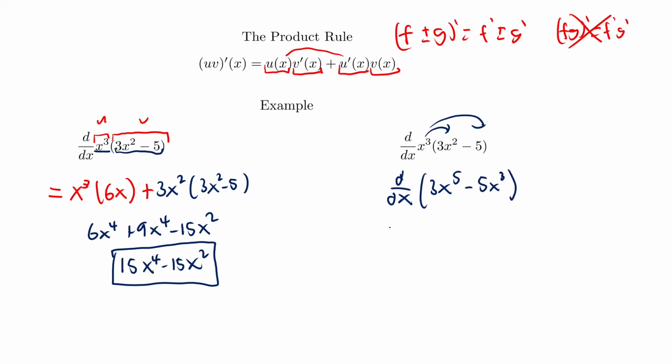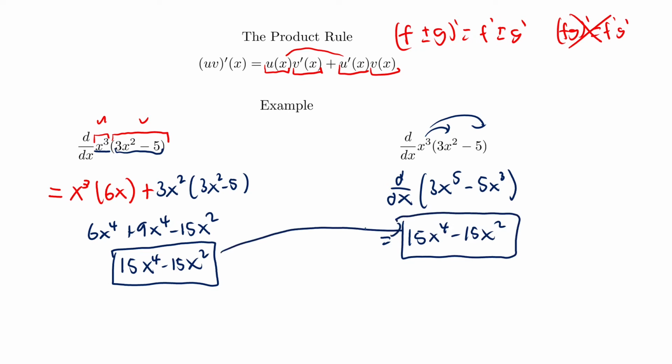And now we can just take the derivative term by term like we have in the last problems. So just like before, this is going to be 15x to the fourth minus 15x squared. You'll notice that regardless of how you do this problem, you end up getting the same answer.